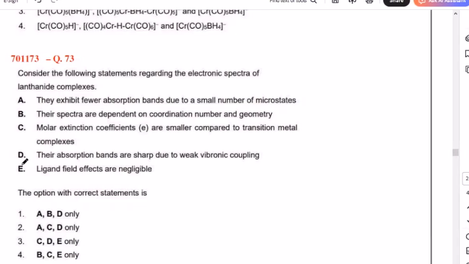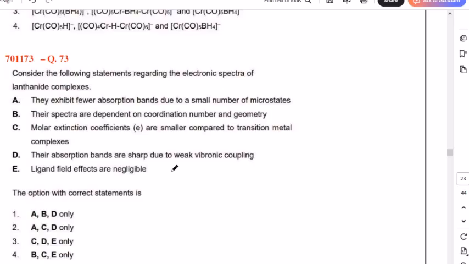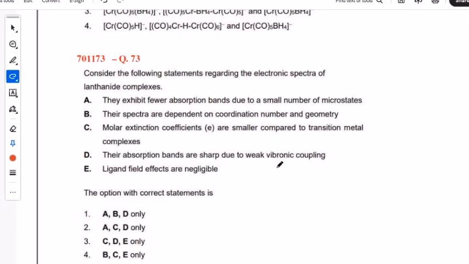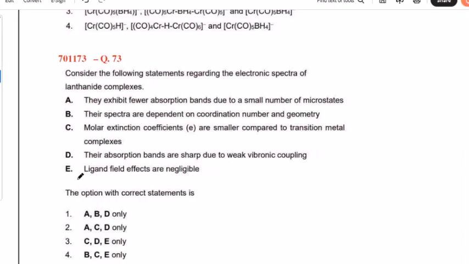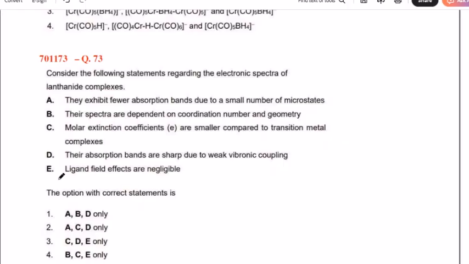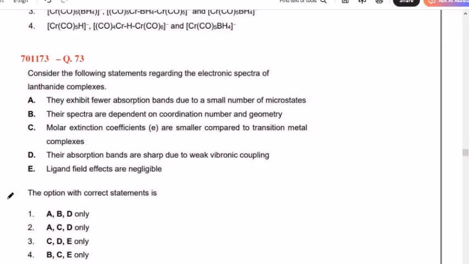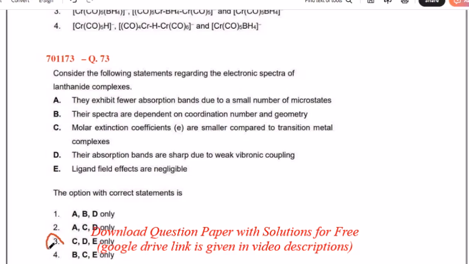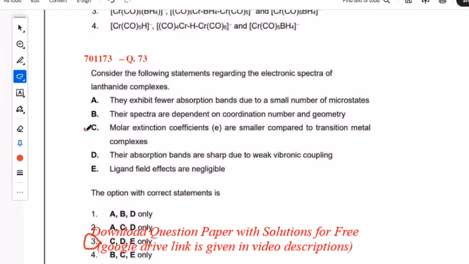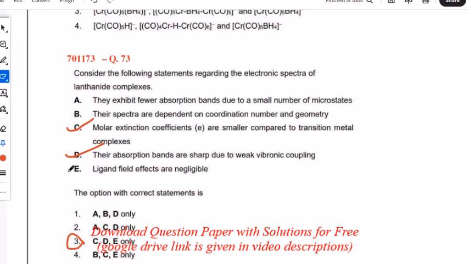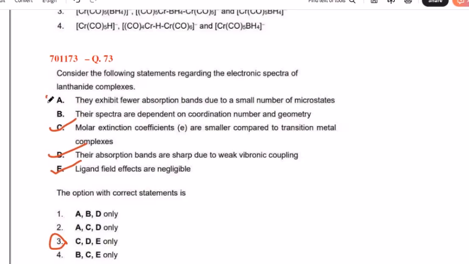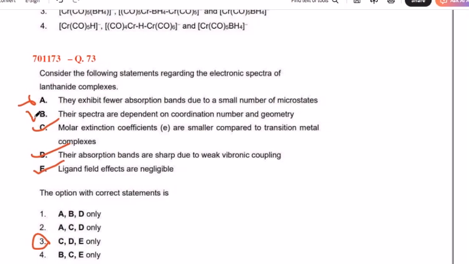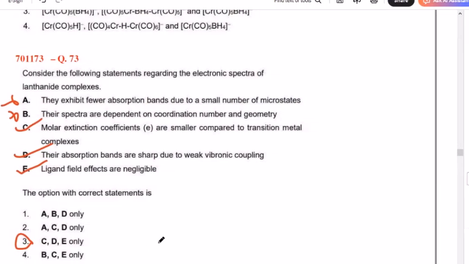Statement D. Their absorption bands are sharp due to weak vibronic coupling. Statement E. Ligand field effects are negligible. The option with correct statements is option 3, that is C, D, E only, whereas A and B are not correct statements. So option number 3 is the correct option, friends.